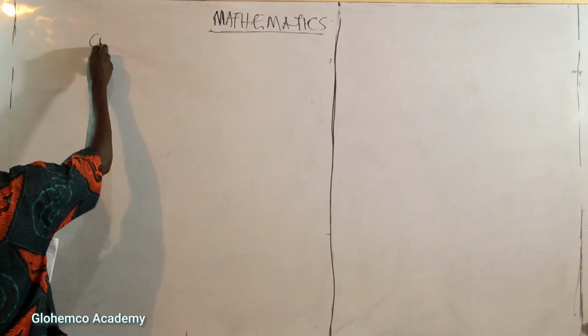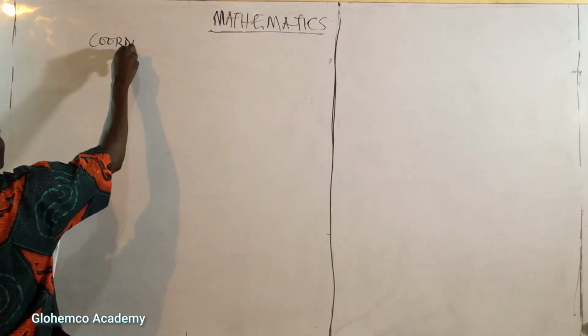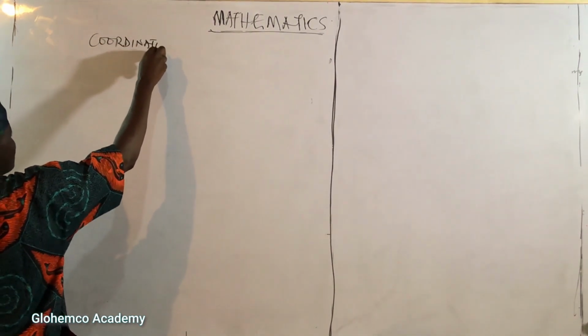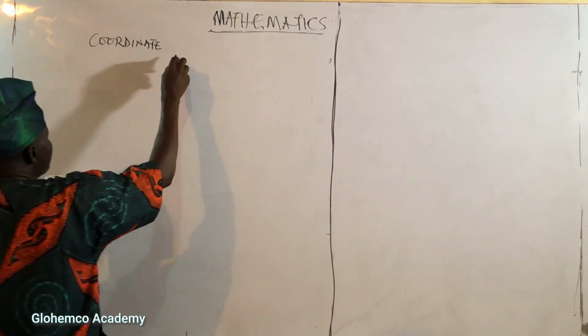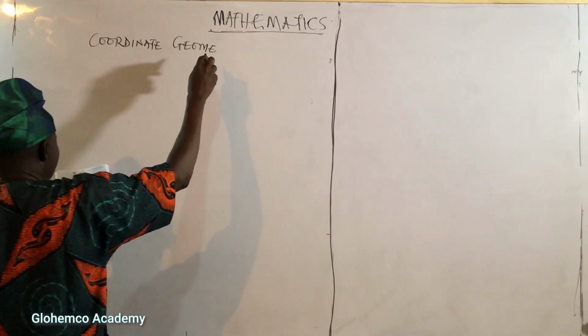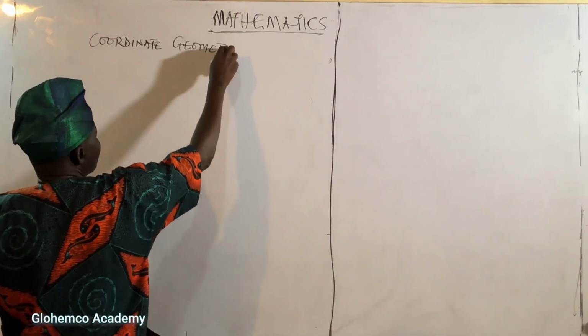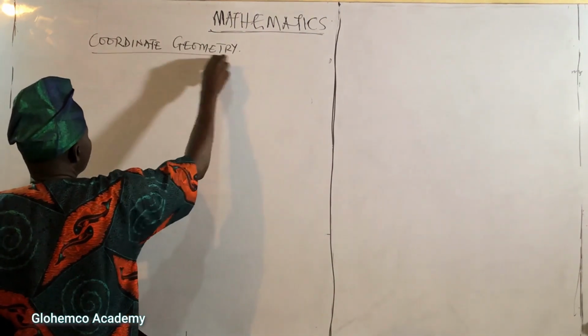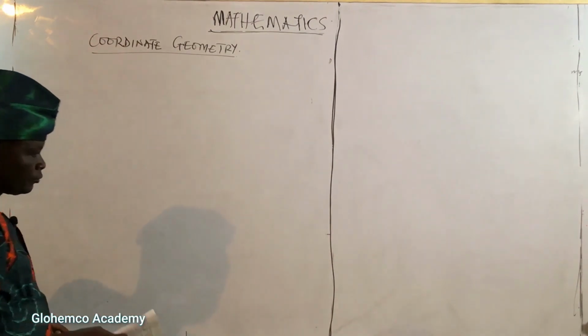Coordinate geometry. We want to look into coordinate geometry. This is another topic that is now common in WASSCE and NECO exams.